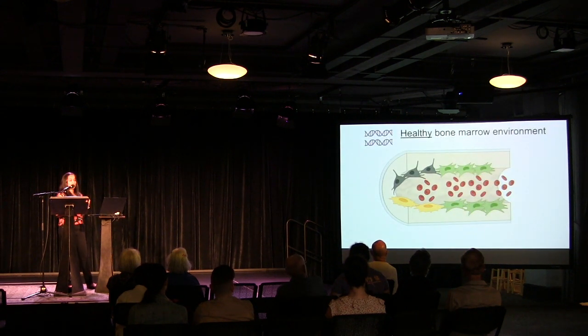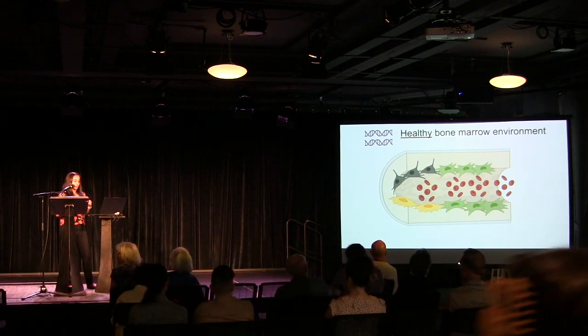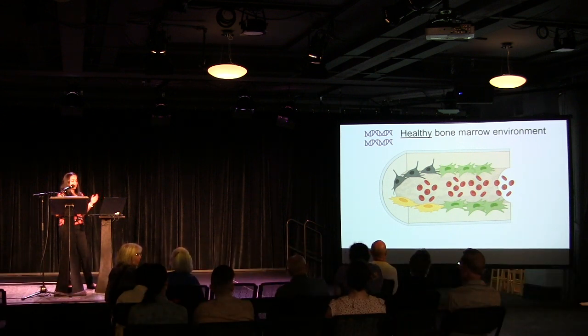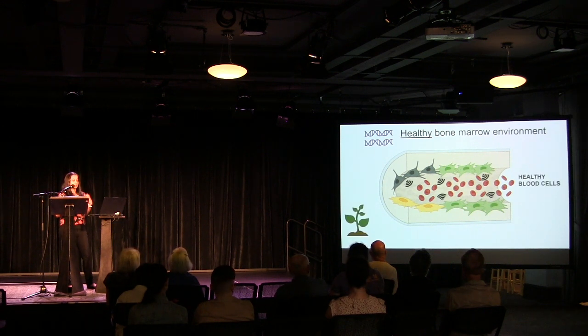So now if we look at a healthy bone marrow with no DDX41 mutation, these are again all those components in the environment that I spoke about. The environmental cues or growth signals that are released from these healthy cells lead to healthy blood cell formation, much like how a healthy plant will grow in a healthy soil.